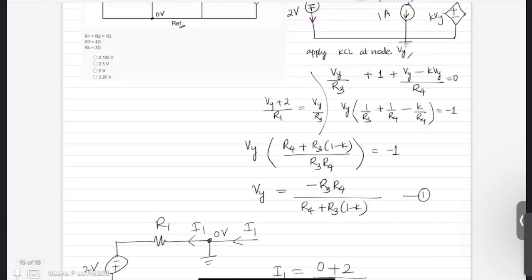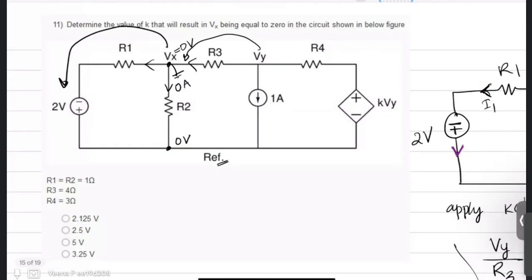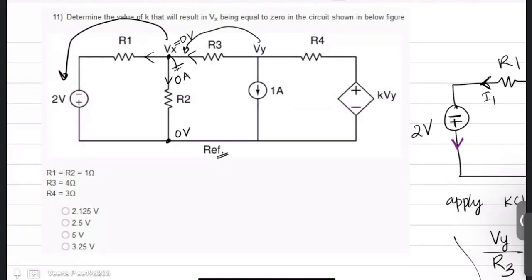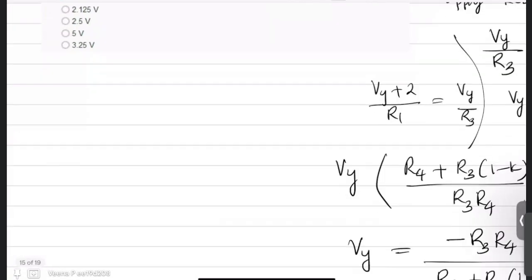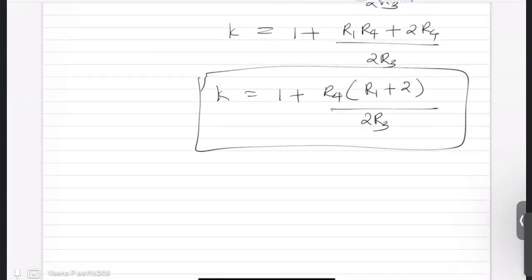Now you are already given the values of R1, R2, R3, R4. You can directly substitute and solve this. I just showed you how to derive it if the values are not given. R1 and R2 are 1 ohm, R3 is 4 ohm, R4 is 3 ohm.